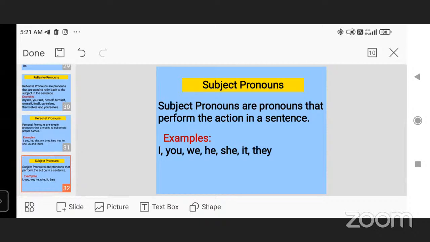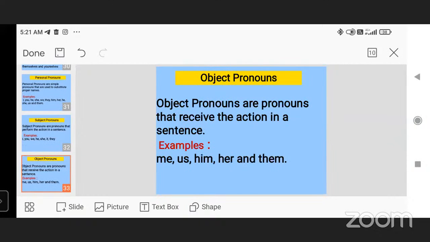Next, I like you. See here, both pronouns are coming. In "I like you", the first word, the one the sentence starts with, is called the subjective pronoun. The last word, "you", will come under the objective pronoun.